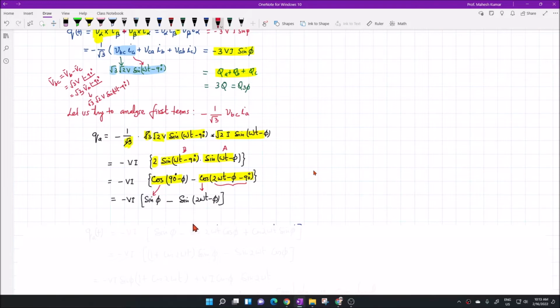This looks like a similar term. If you remember, in the previous discussions we formed instantaneous power P as a product of BA into IA, and it was something like this: BI, cos phi minus cos(2 omega t minus phi).